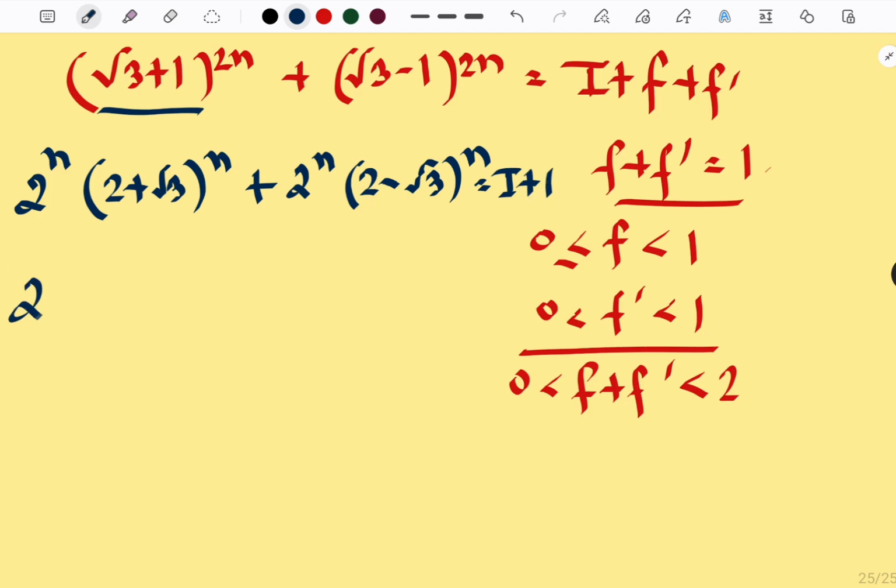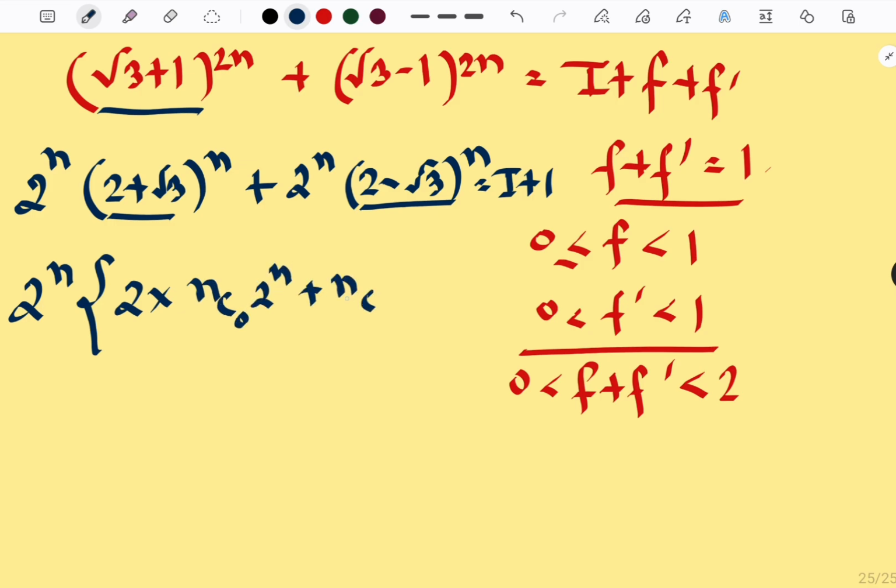Now take 2^n common, and if I add these two up, the terms we get are 2 into nC0 2^n, plus nC2, we can put a small bracket over here, nC2 2^(n−2) (√3)², plus it goes on. So this will be equal to I + 1.